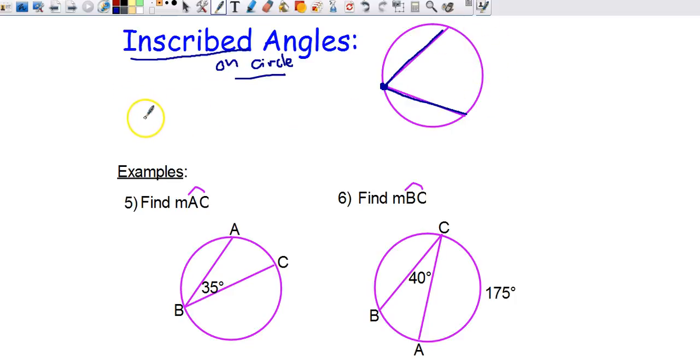So what we say is the measure of the angle, which is right here, is actually 1/2 the measure of the arc.